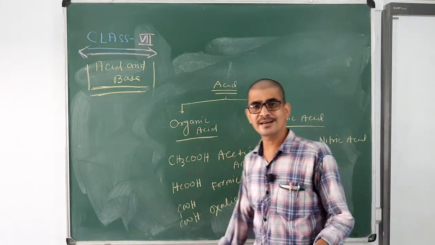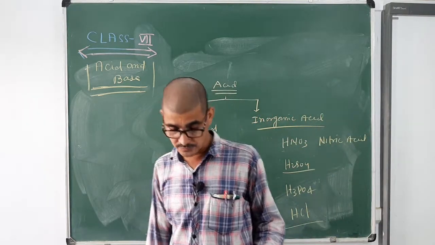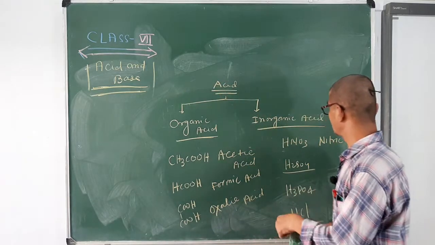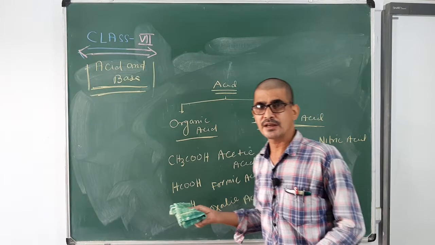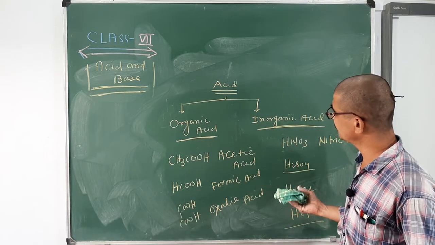These are mineral acids because they are obtained from minerals, so they are called inorganic acid. So basically acids are of two types, and I hope you are able to understand what I am saying.